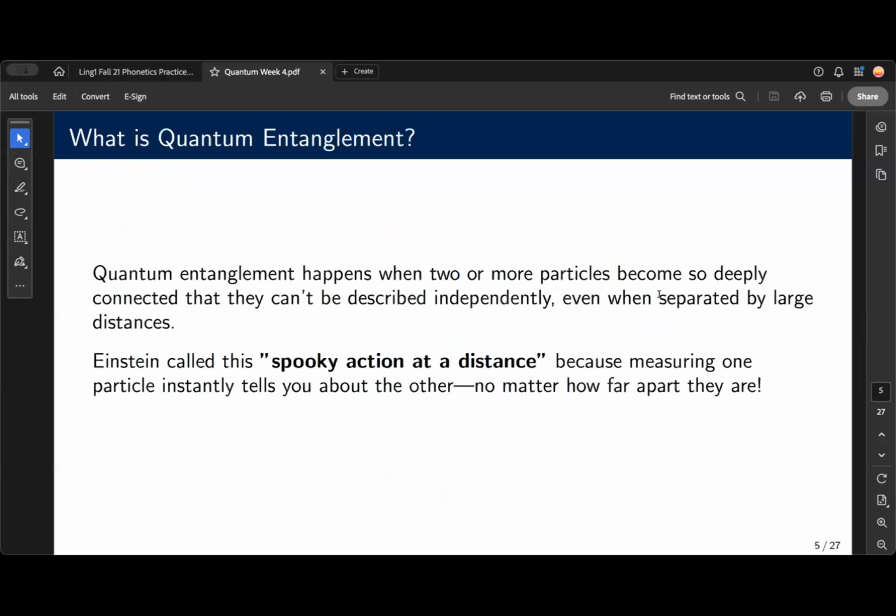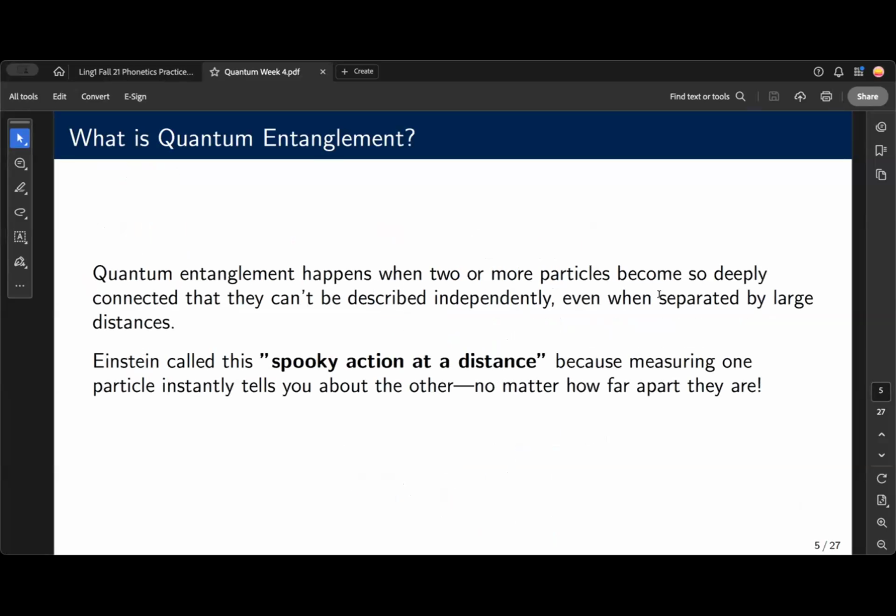So what exactly do we mean by quantum entanglement? This state or phenomenon happens when two or more particles become connected so that they cannot be described independently, even when they're separated by very large distances.